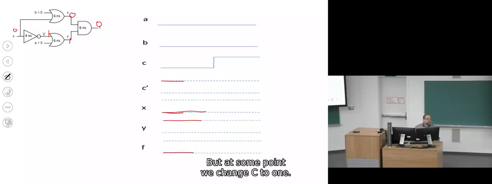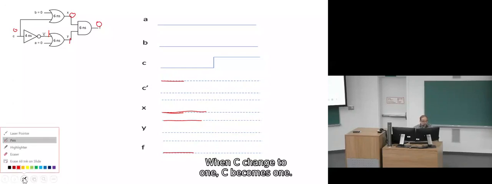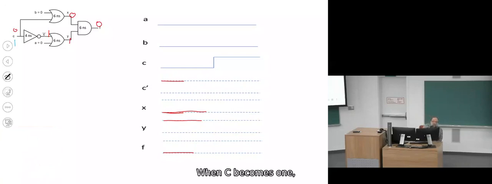But at some point, we change C to 1. When C becomes 1, C bar would become 0 after 4 nanoseconds.